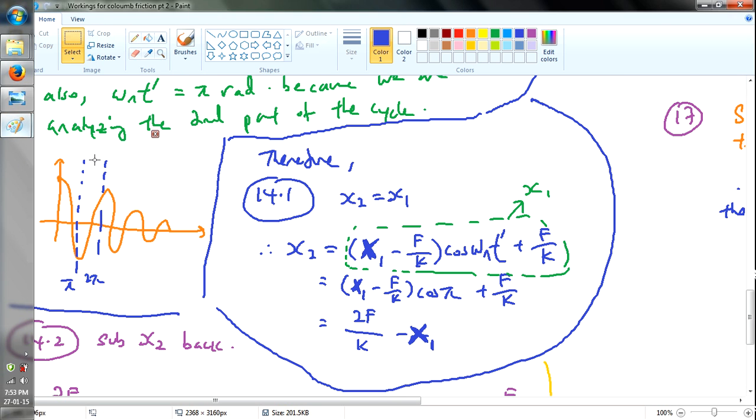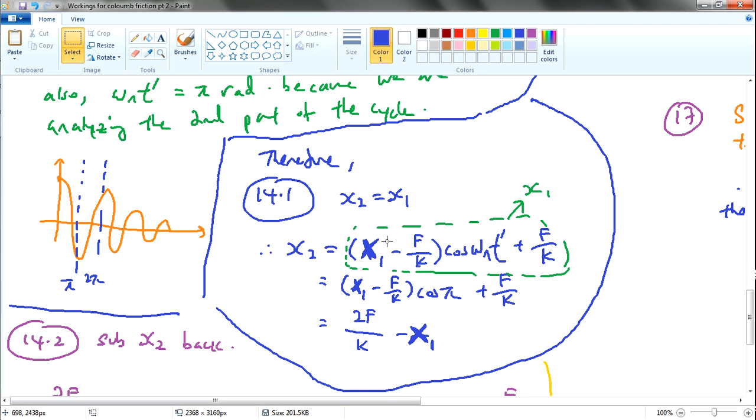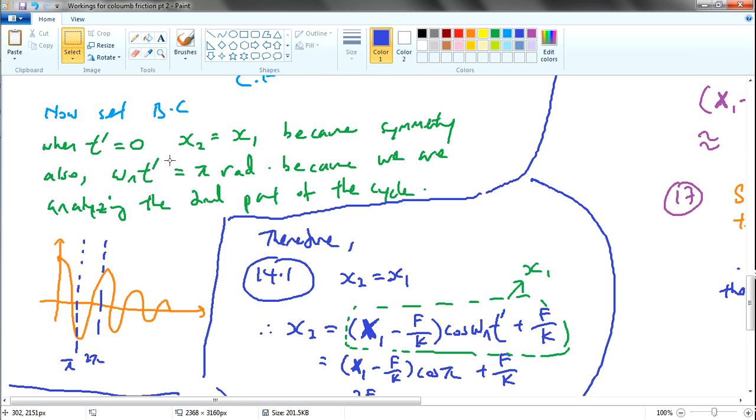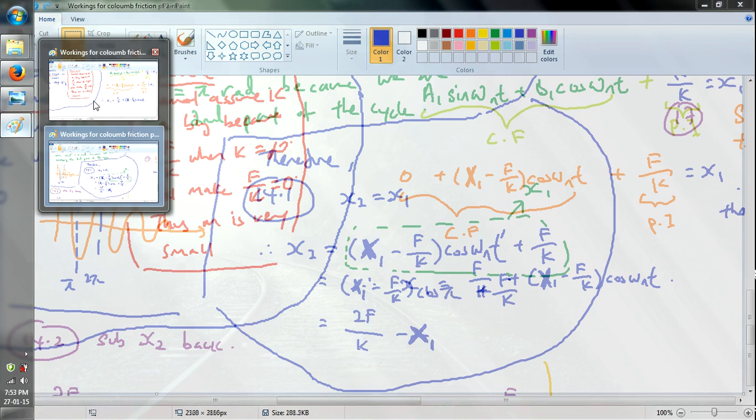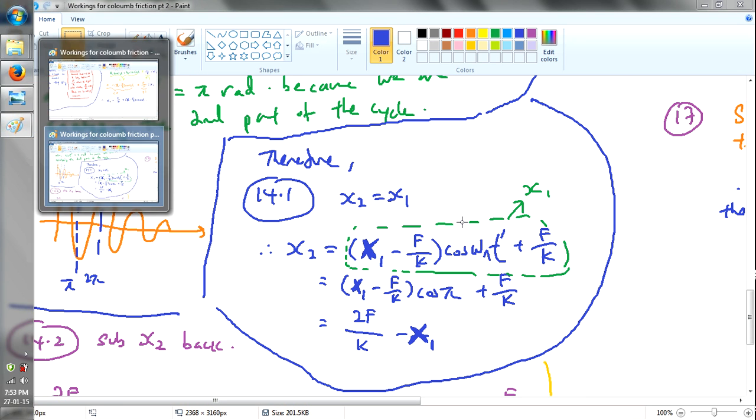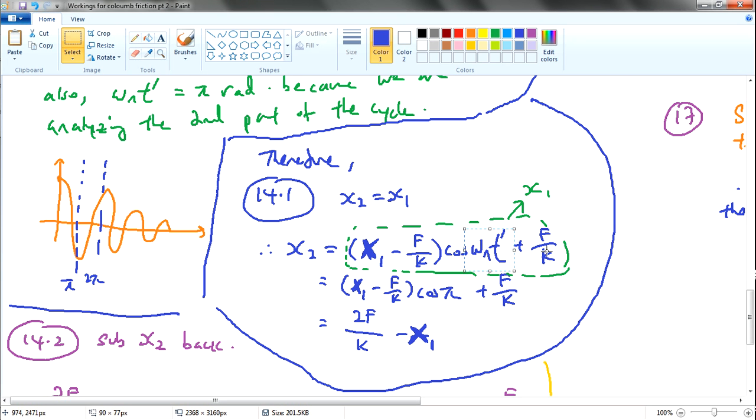But now since we are dealing with x1 equals x2, and when we sub in the t, we sub in t prime equals to t, the whole thing becomes pi. It's like an initial condition now.